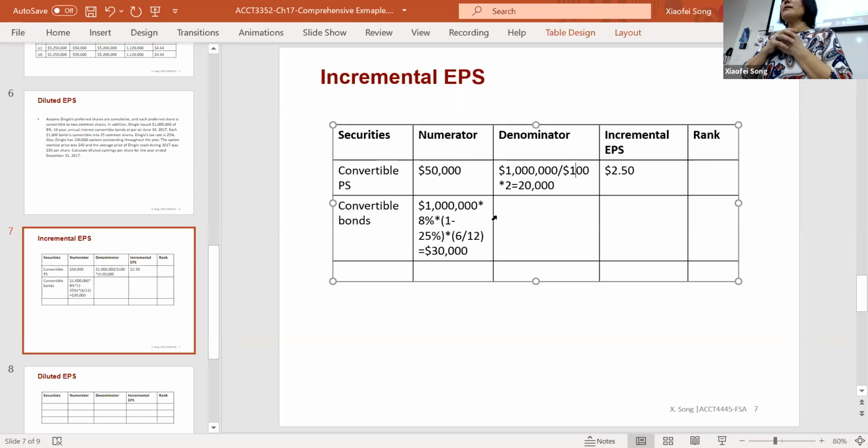If converted, each preferred share will be converted into 2 common shares.